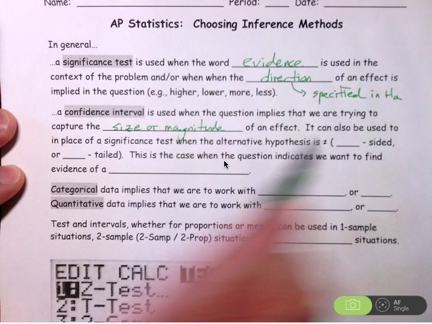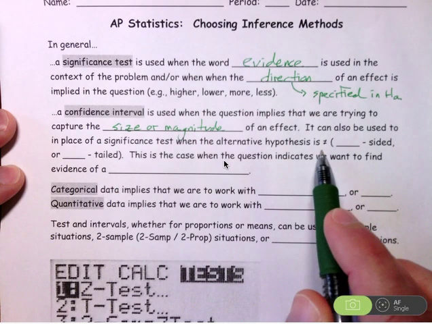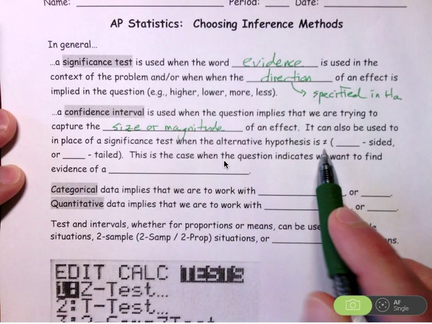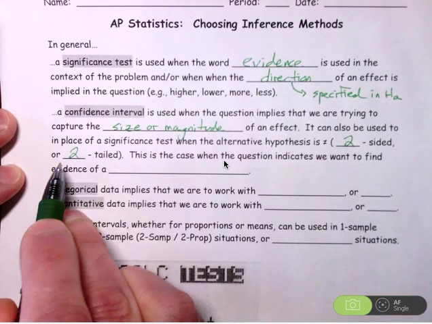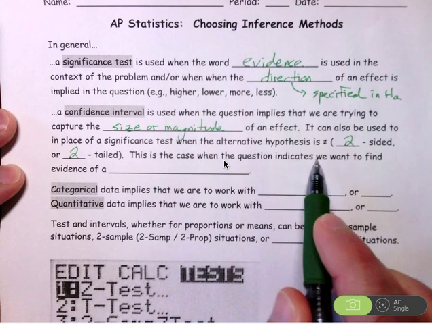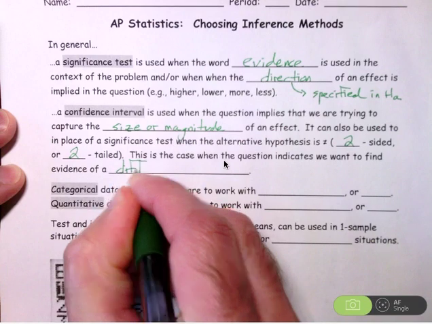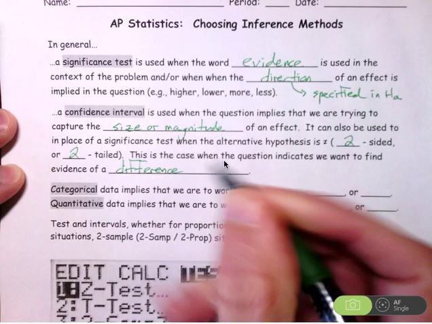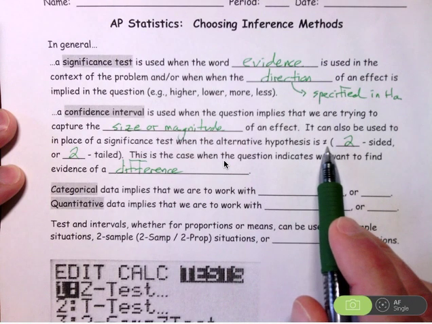So it can also be used in place of a significance test when the alternative hypothesis is a not equal to alternative. This is called a two-sided test, or sometimes it's called a two-tailed test. So this is the case when the question indicates we want to find evidence of a difference. So when we see that word difference, that would suggest a not equal to alternative.